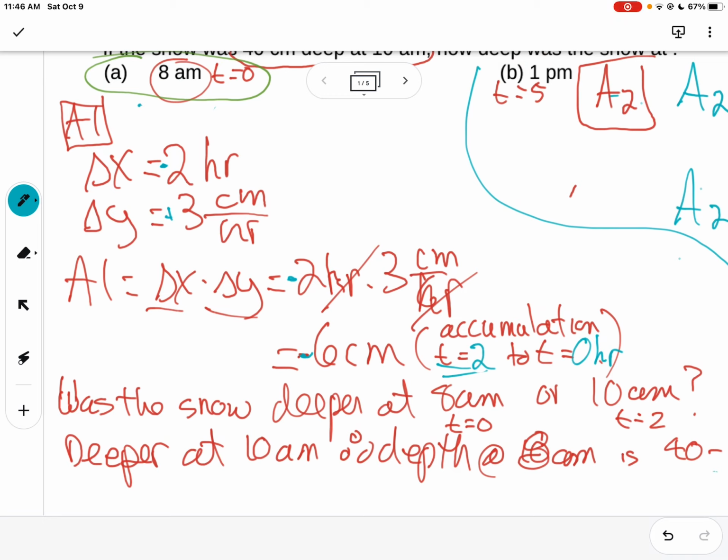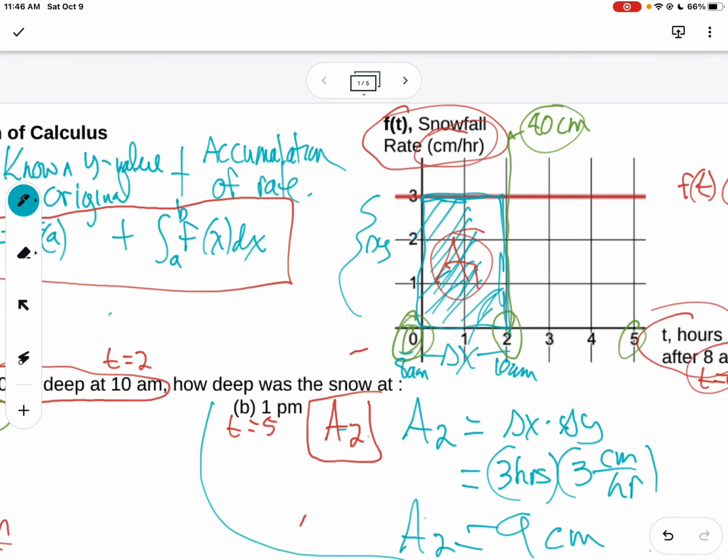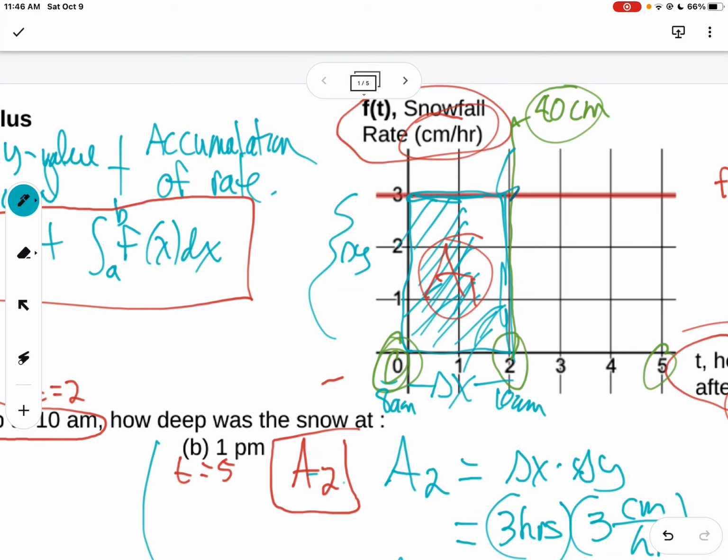So the question is, would it make sense then? If I know the snow is 40 centimeters deep right here after 2 hours, was the snow less deep at 0 hours or more deep?